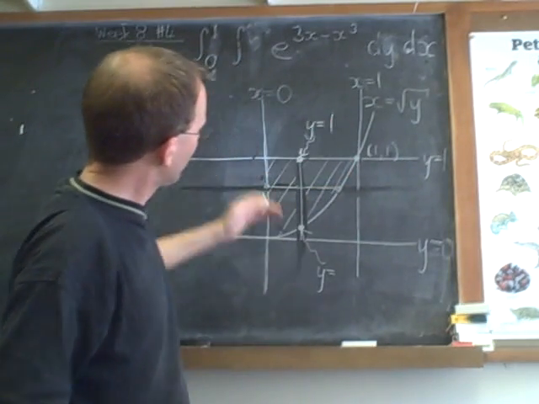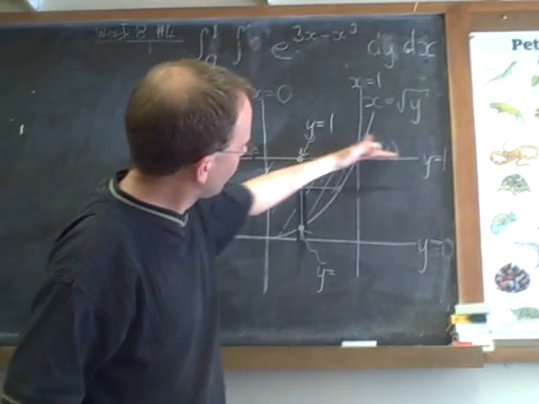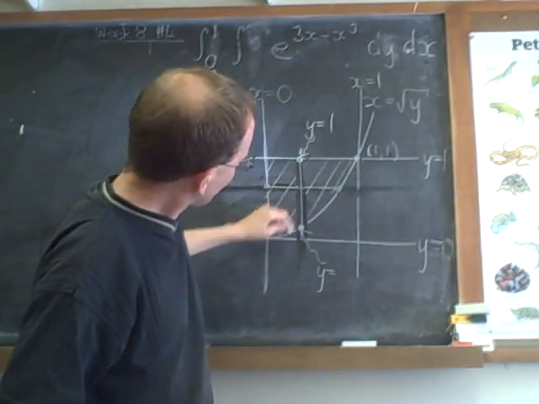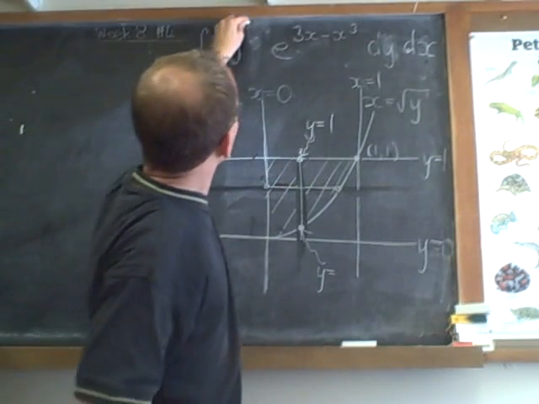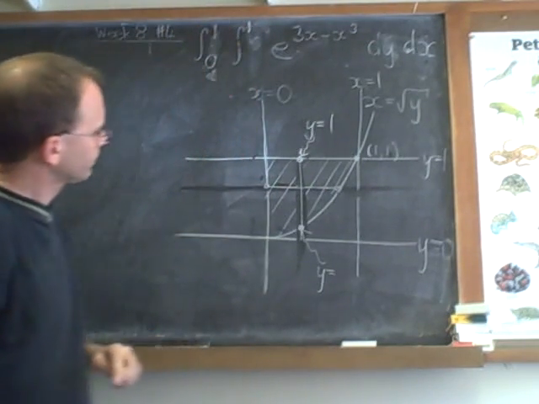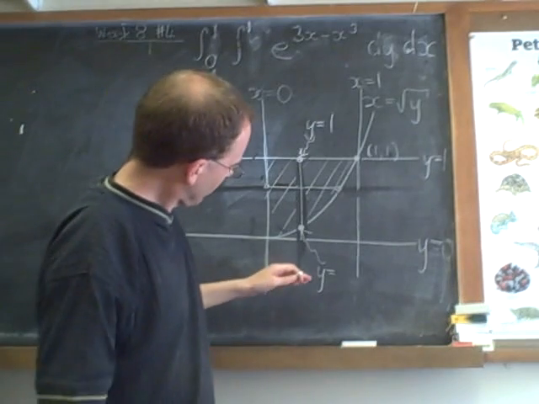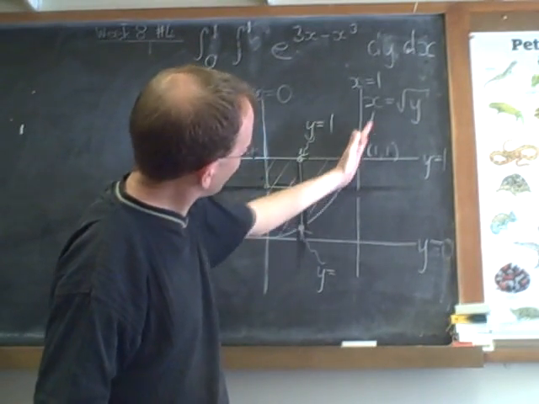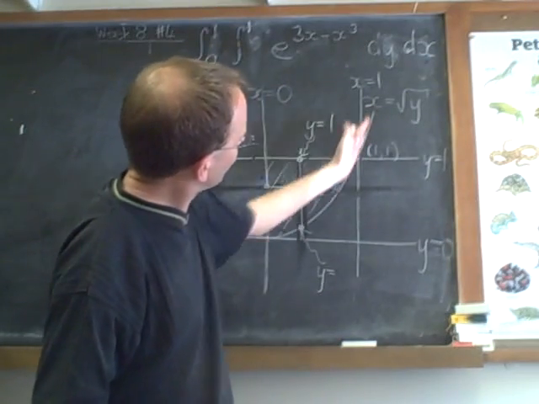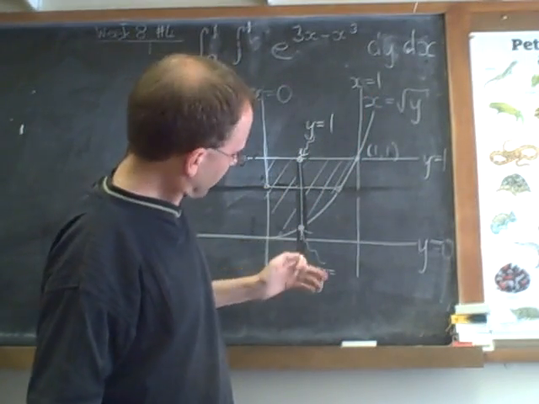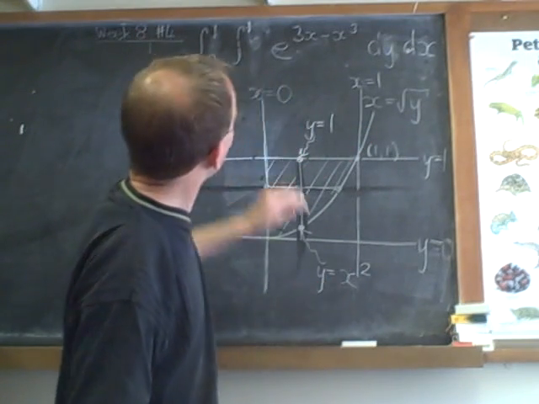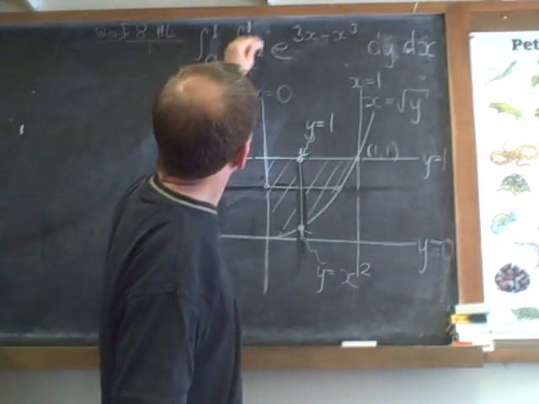Now the upper one's easy. At the upper end, we're just crossing the line y equals 1, and whenever we do that, y is 1, so that's the upper limit. As we enter the region, we're always crossing the curve x equals root y, but in the form y equals something, that's y equals x squared, so that's the lower limit.